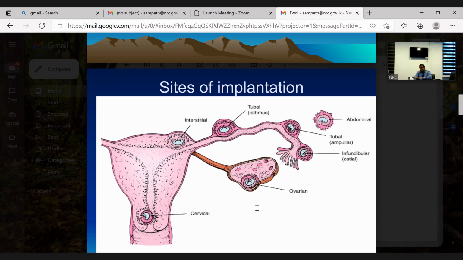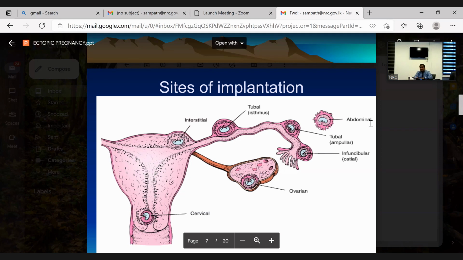And on rare occasions I have seen an ovarian pregnancy continue. Extrauterine pregnancies continued to healthy living babies. It happened at Peradeniya when I was a registrar, right? The diagnosis was made at the time of the cesarean section. So remember, though rare, some of the extrauterine sites can continue the pregnancy until term.